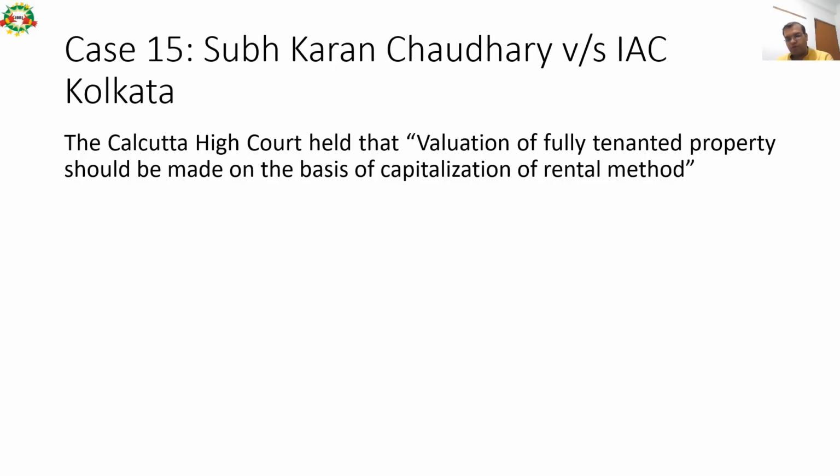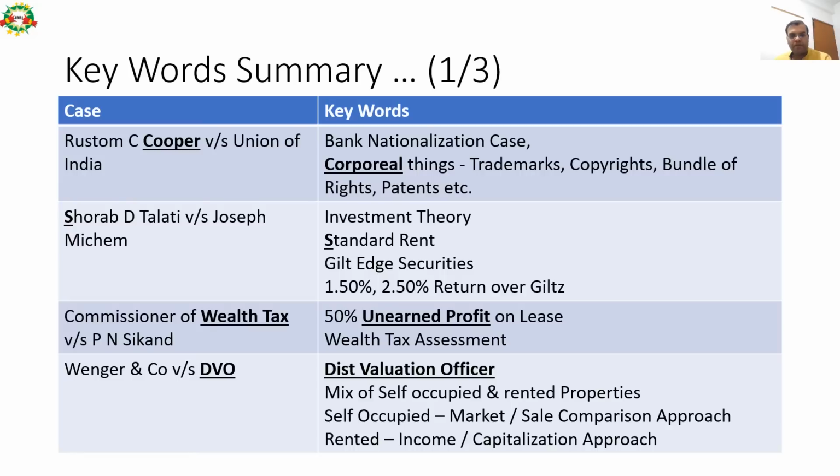Just to have a quick remembrance of these 15 cases, let me share important keywords with all of you, so that if you remember those few keywords, you will be able to identify which case study the examiner is asking about. So first case is Rustam C. Cooper versus Union of India.